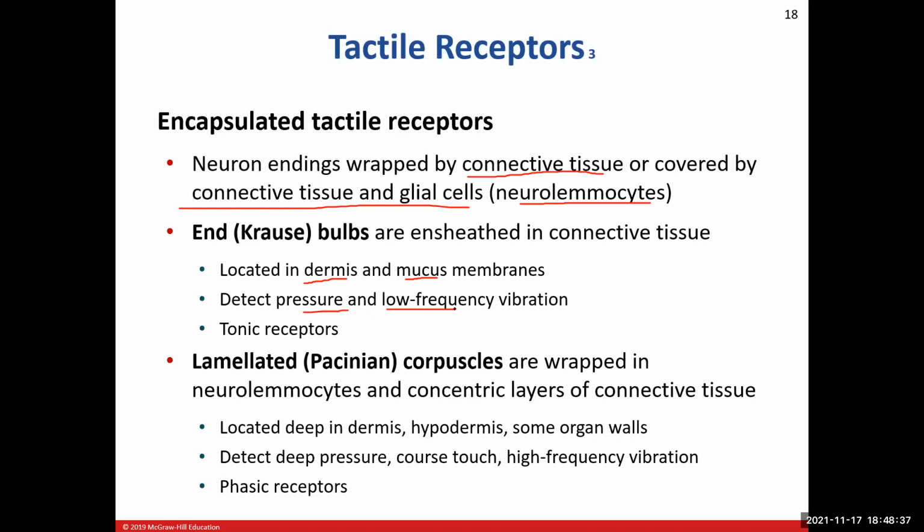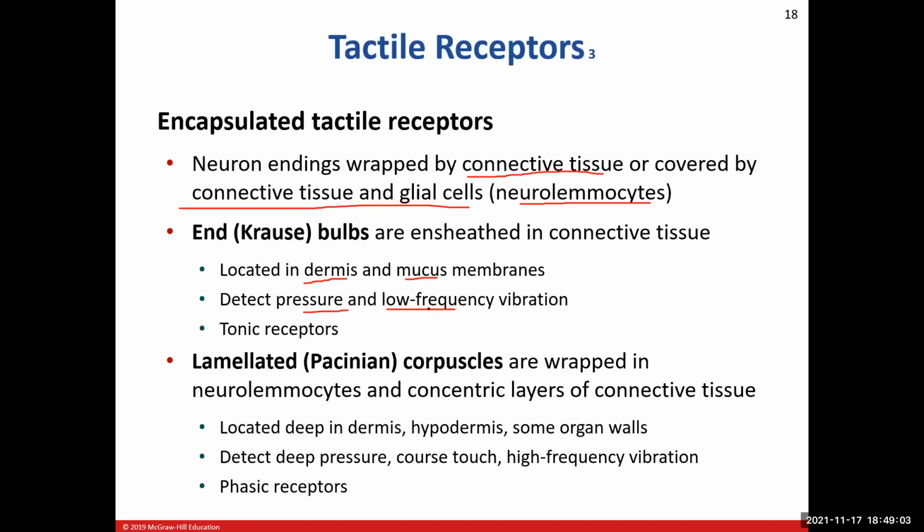Whereas the next type of tactile receptor, we've seen these before when we were going over chapter 6 for the skin, the Pacinian or lamellated corpuscles. Lamellated is layered like an onion, right? So these type of tactile receptors are going to have connective tissue and neurolemmacytes covering the actual tactile receptor.